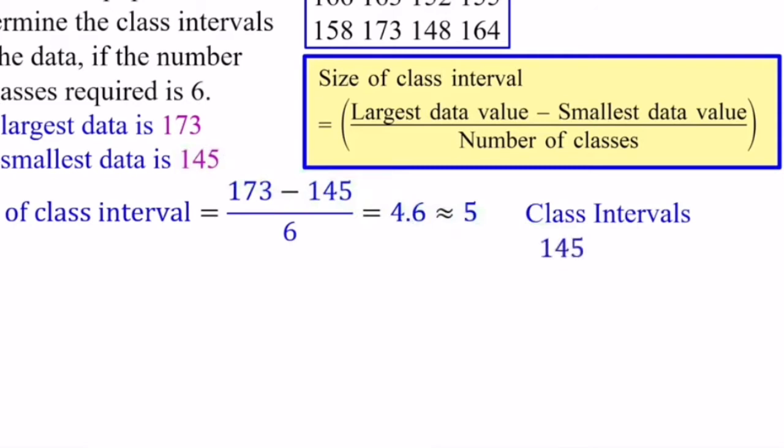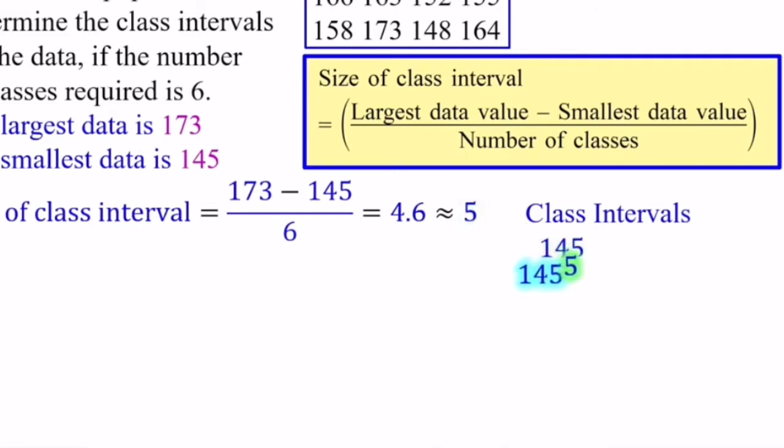It's not just plus 5. You have to count the number of the data. We should have 5 data, so it should be 145 to 149.